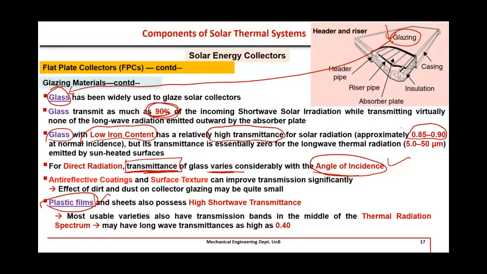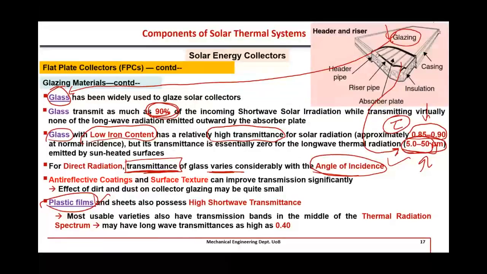Approximately in this range. This is the tau value ideally we are looking for. And they should block the radiation emitted by the absorber plate. So if this absorber plate will be emitting radiation in this range, so they should be able to block this one and transmit the solar radiation, which is a smaller range than this one.